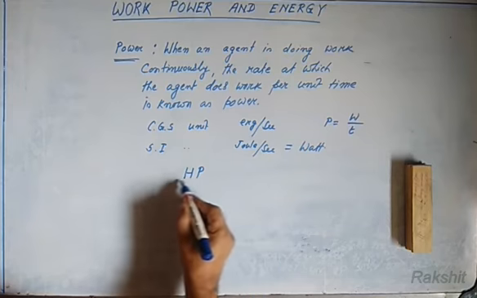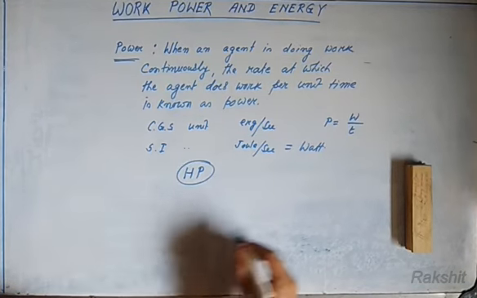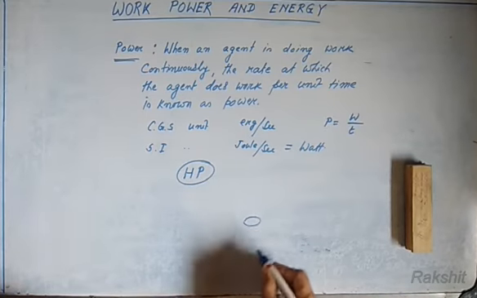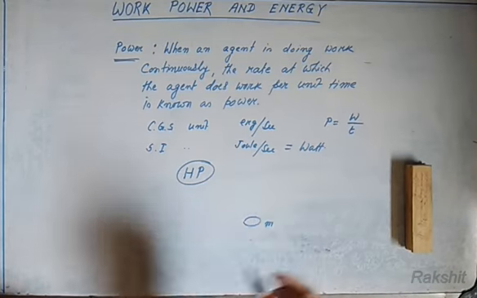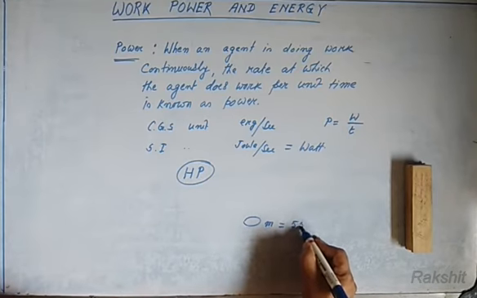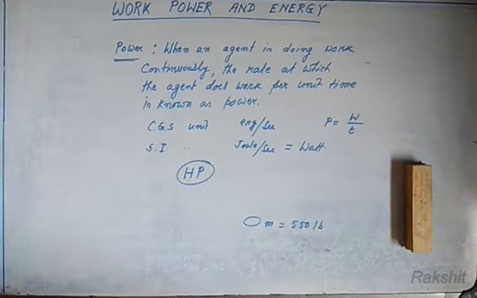Now we will define what is HP. Suppose there is a body of mass m equal to 550 pound. The mass of the body is equal to 550 pound.